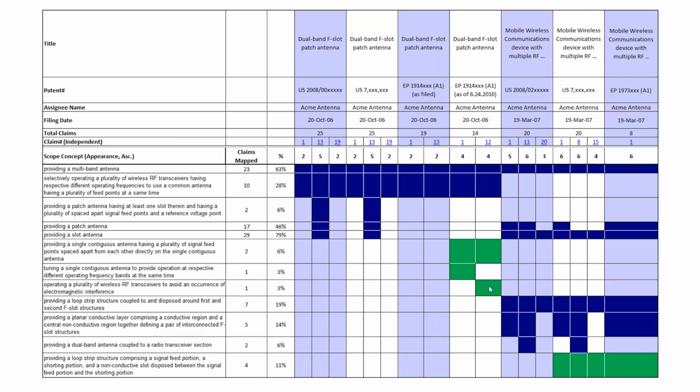Whether it's analyzing a portfolio that's being licensed to see what kind of coverage actually exists and what the differences between the patents are within that family. Is this really a group of, say, a dozen patents that you're licensing, or when it comes down to it, are there actually only 1 or 2 that apply to the products that you're using? That makes a big difference, especially if you're thinking about making invalidity arguments and you only have to focus on 1 or 2 of them instead of the whole family.